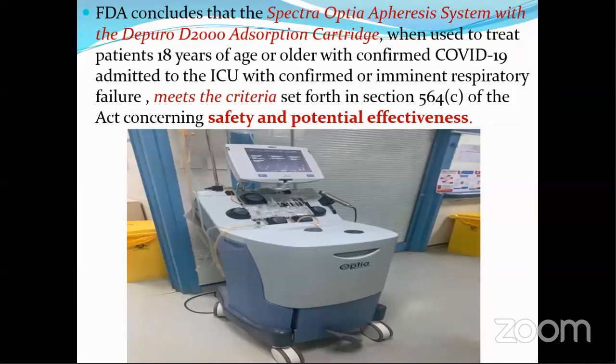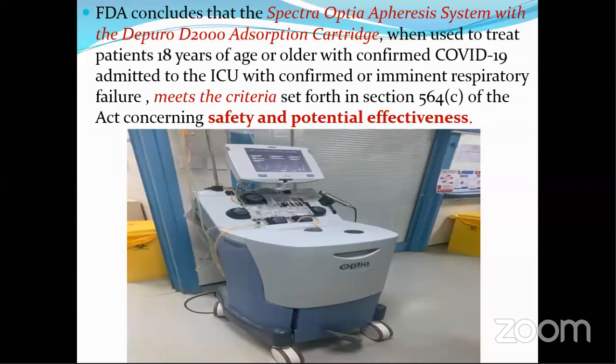On 9 April 2020, the FDA approved the use of the Optia apheresis system to treat patients with a cytokine storm.